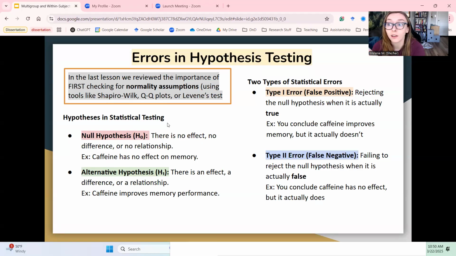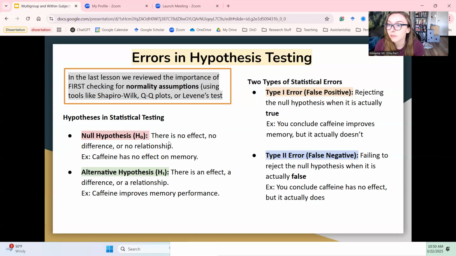I hope this is a refresher from a stats class you have taken either now or at a different point of your academic career. But as a friendly reminder, you have hypotheses within tests and within research. We almost always talk about the null hypothesis and the alternative hypothesis. These are usually just designated as H with a little mini 0 or H with a little mini 1.